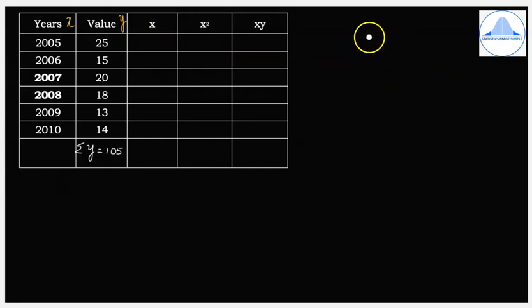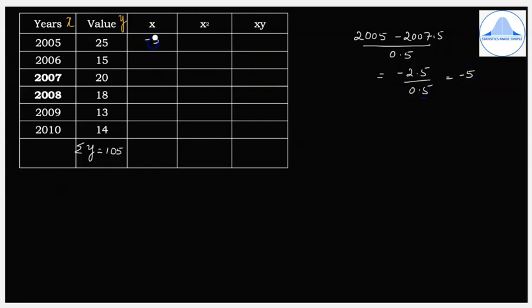As an example, take the year 2005, subtract 2007.5, whole divided by 0.5. This is equal to minus 2.5 divided by 0.5, which is equal to minus 5.